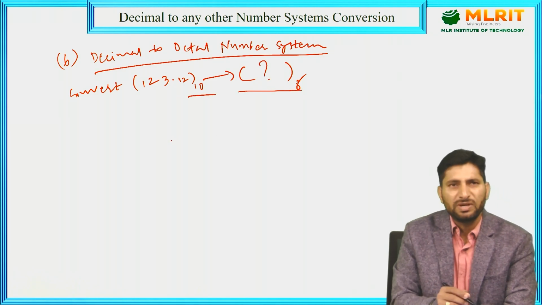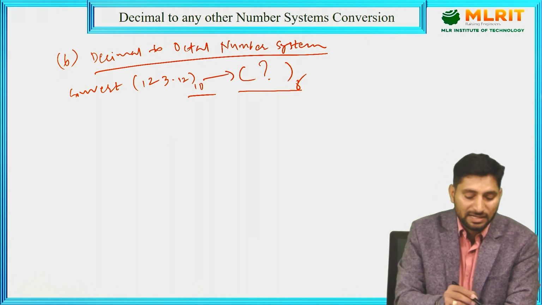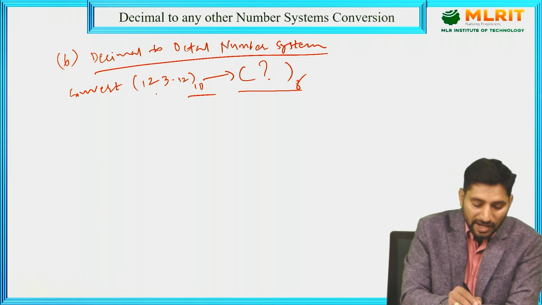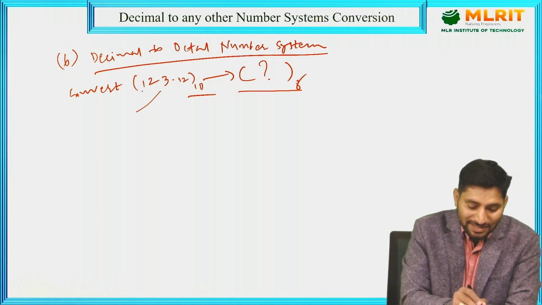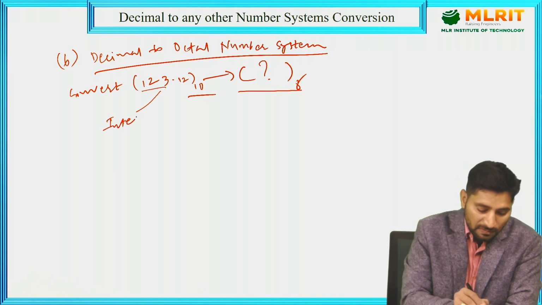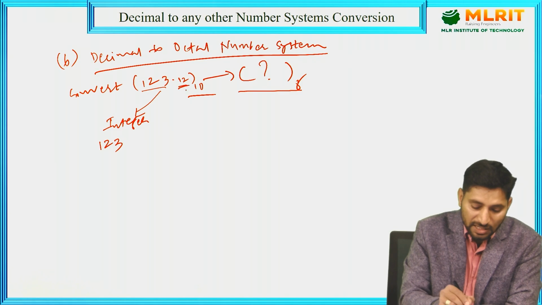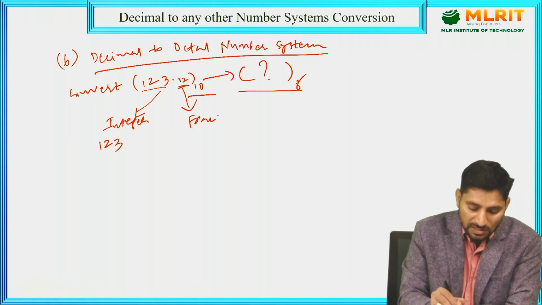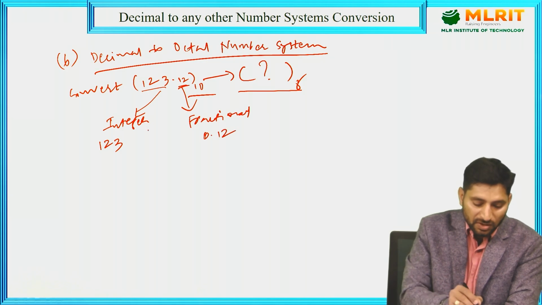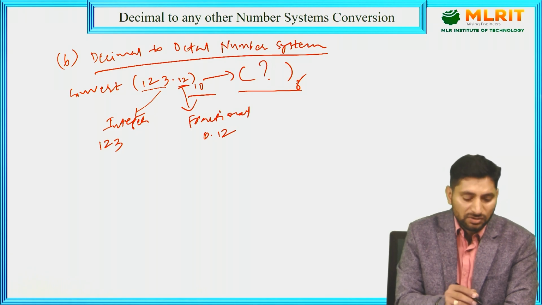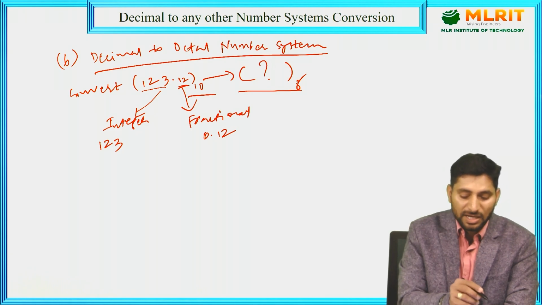The same process we followed in the previous case, like decimal to binary, we need to follow here also. So while converting from decimal to octal, I need to first identify the integer part and fractional part. So this is the integer part, I copy it here, 123, and this part is the fractional part, 0.12. So the same as binary conversions I have to follow for this decimal to octal number system.